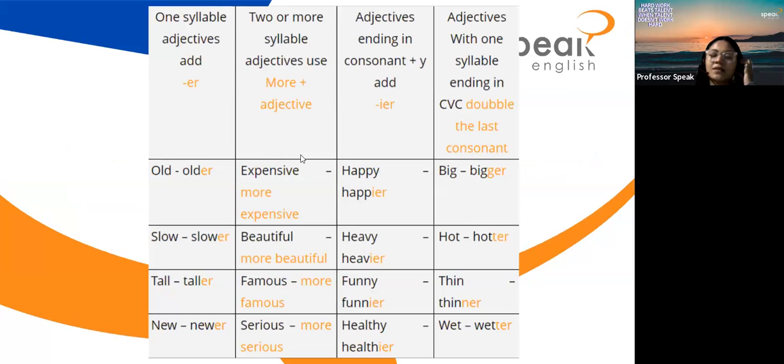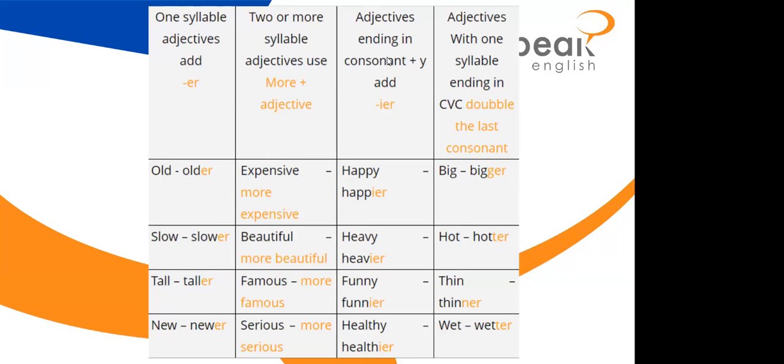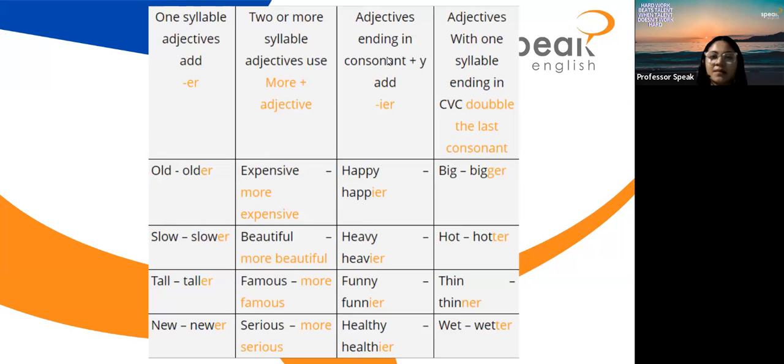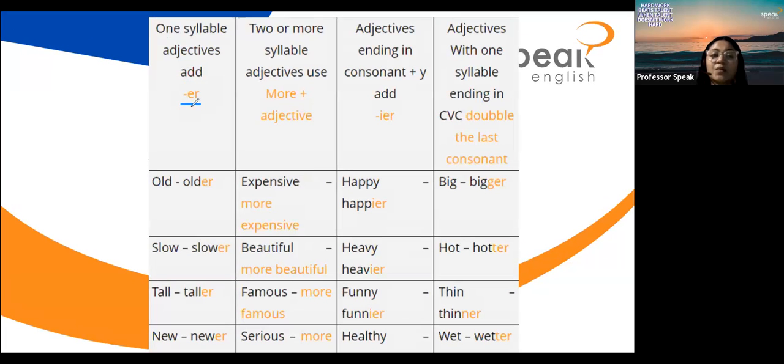In here, I have the rules that you have in the platform. For one syllable adjectives, we're going to add what? ER. So when we have those adjectives, we're going to add only ER.